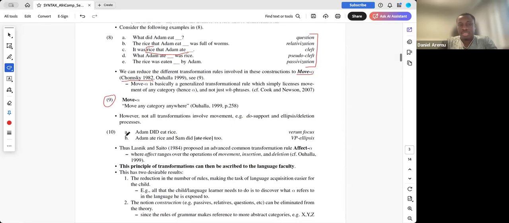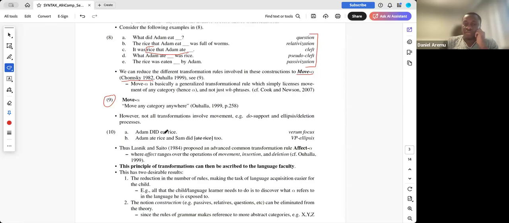Look at 10. So in 10a, you have Adam did eat rice. That is called verum focus. I don't know if you're familiar with that. So verum focus is more like a focus that actually asserts the truth of a proposition. So you can say Adam ate rice, and then you want to affirm it: he did eat rice.